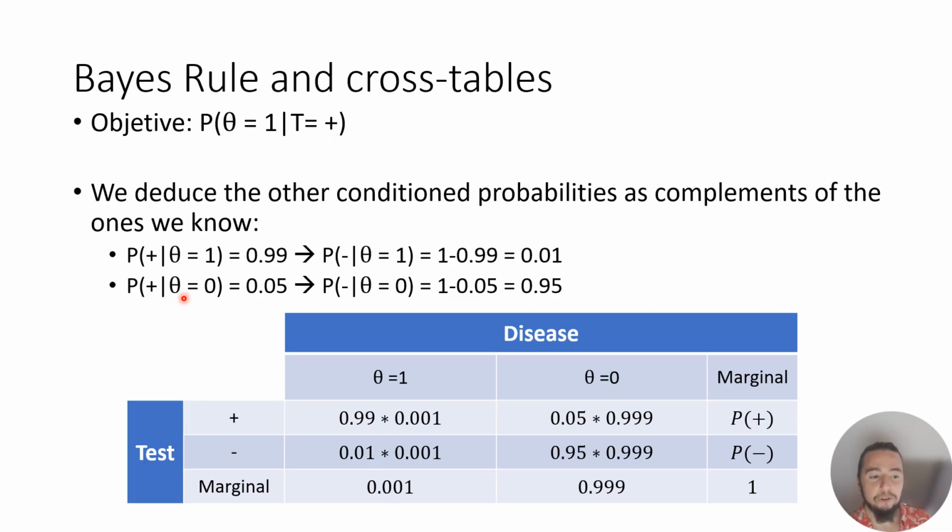We can do the same for the other. The conditional probability of having a positive test given you are healthy is 0.05. Therefore, having a negative test in the same condition should be its complement, that is 0.95. So we have 0.01 multiplied by the marginal, and also 0.95 multiplied by the respective marginal.